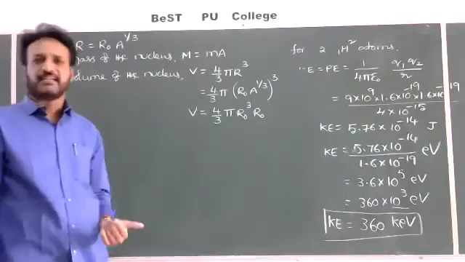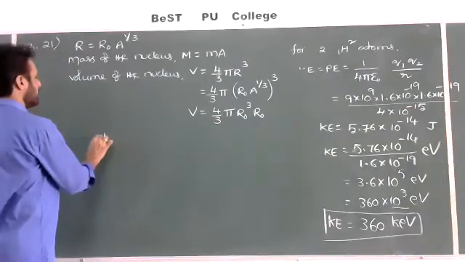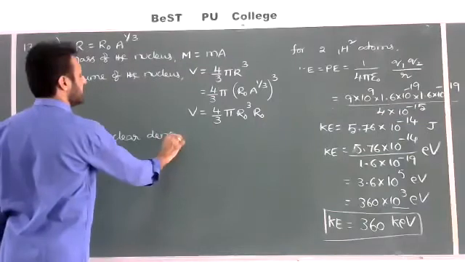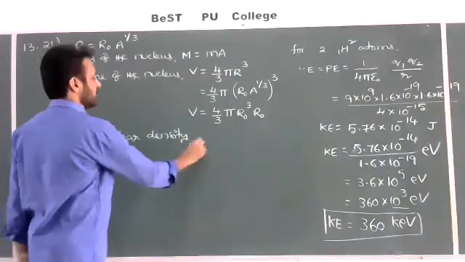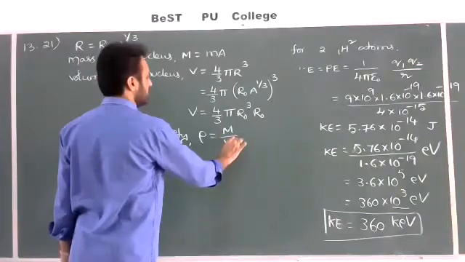Now we will calculate the density of the nucleus. Therefore, nuclear density rho is equal to mass of the nucleus by volume of the nucleus.